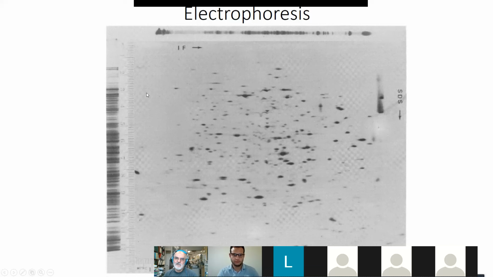Now, the paper itself gets into things like the role of loads, how much protein do you load, and the resolution of the spots and what the shapes of them are and how they impede on one another. There's a lot of different questions that are answered in the paper, I think there's something like 13 figures that go through all of these different kinds of answers.